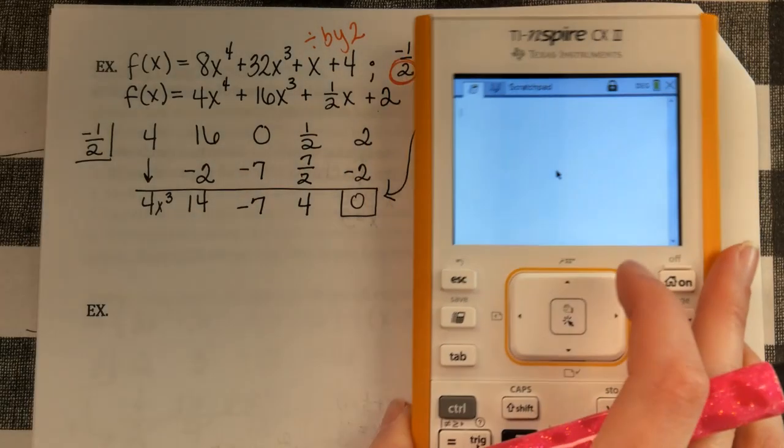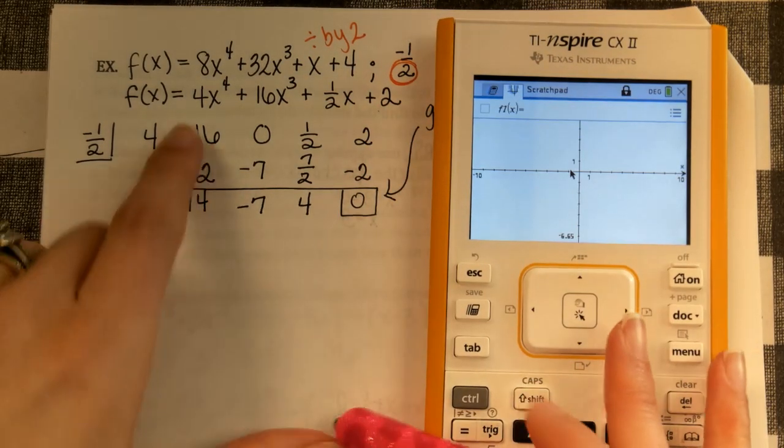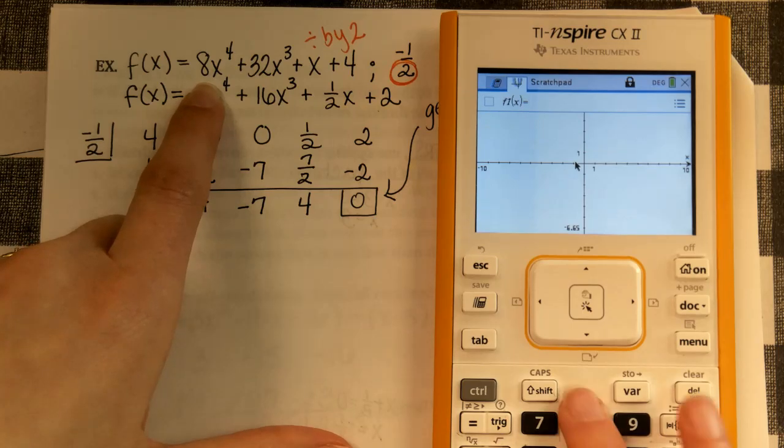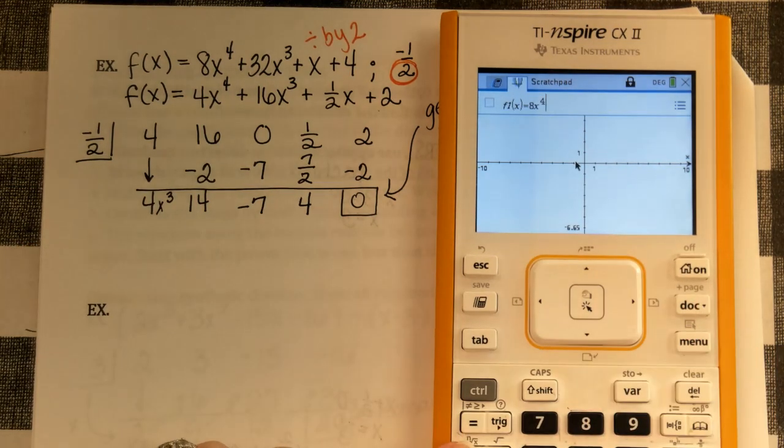Okay, so what we're going to do in our calculator is we get the original function and we graph that. So 8x to the 4th plus 32x cubed plus x plus 4.